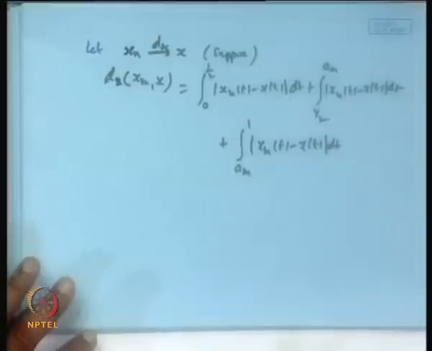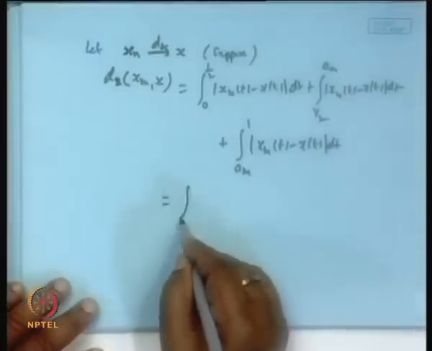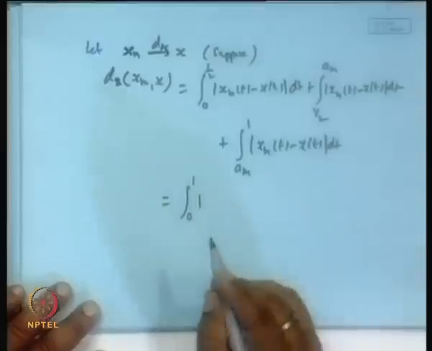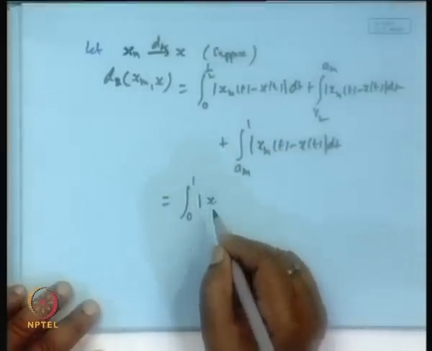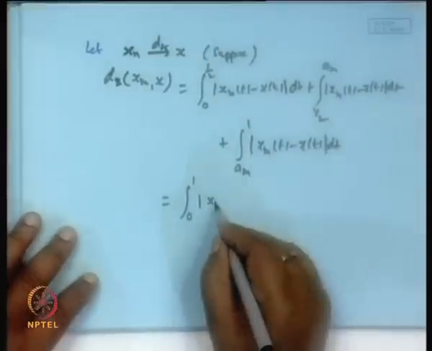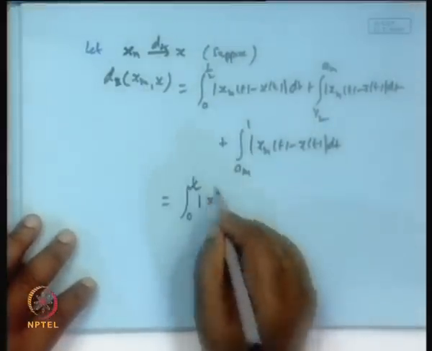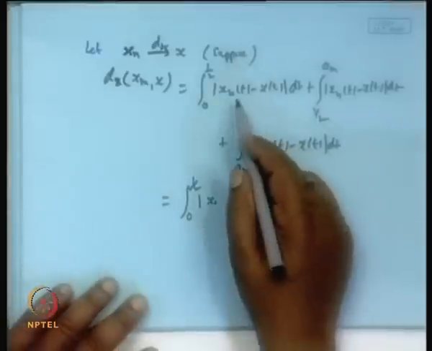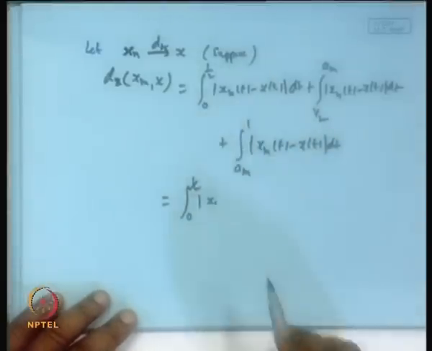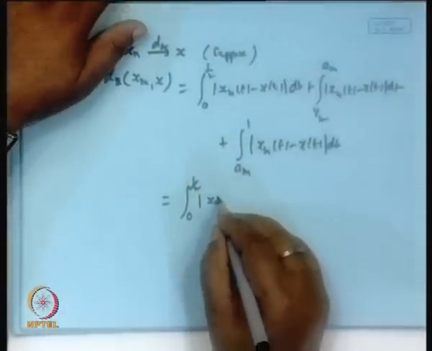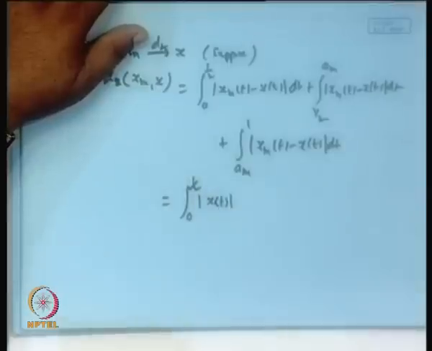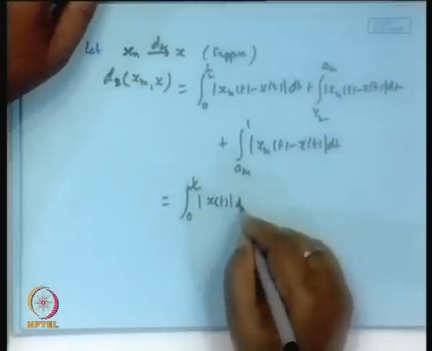Is it correct? Okay. Now, this is the integral from 0 to 1 of mod x_m(t) minus x(t) dt. Over 0 to half, what is x_m(t)? x_m(t) between 0 and half is 0. So, this is basically 0 and the only thing left out is mod x(t) dt.